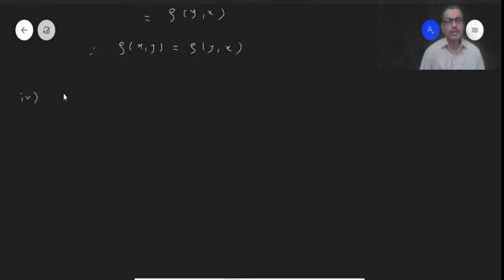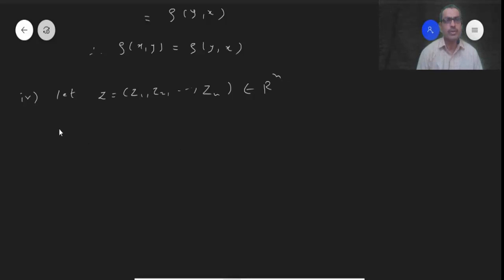Now we define the fourth condition of the metric space. Let z equal (z1, z2, up to zn) belonging to R raised to n.